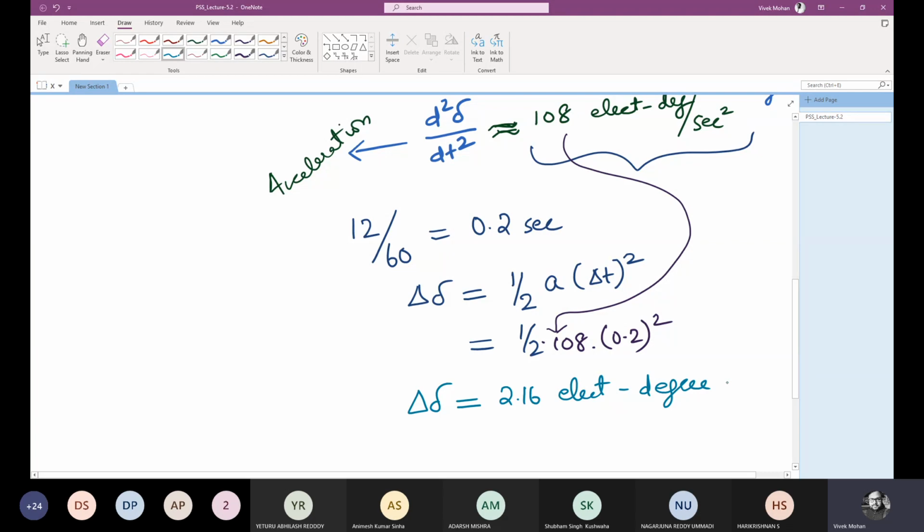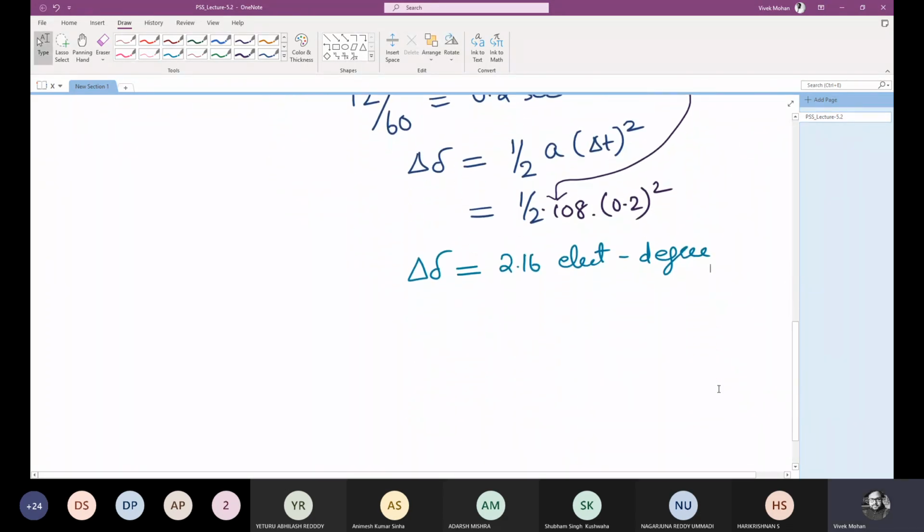Okay, now let's note something here. 360 degree equals 1 revolution. What about 1 degree?